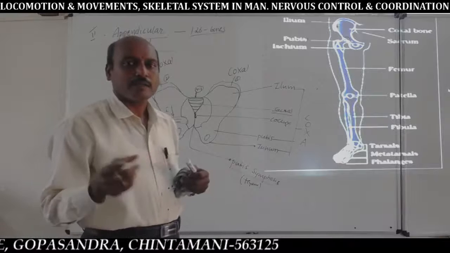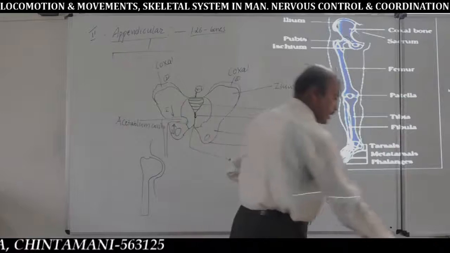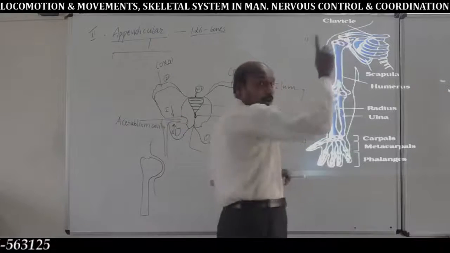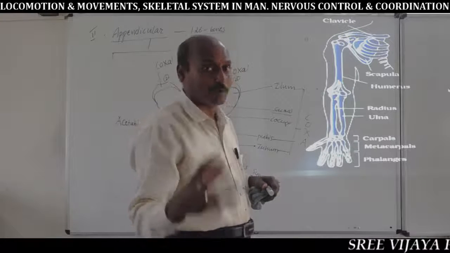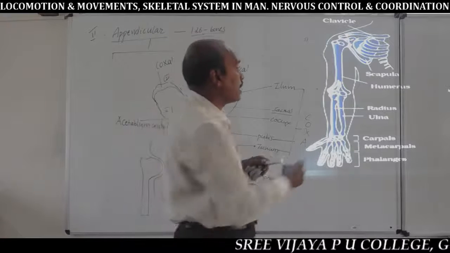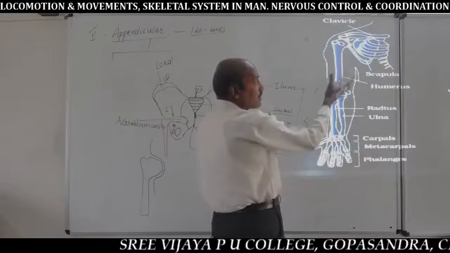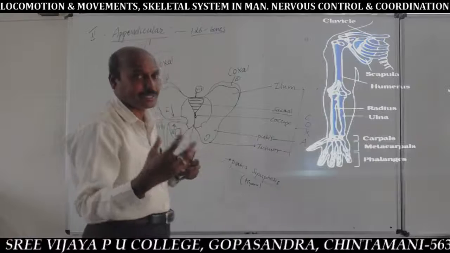While the glenoid cavity is present on the scapular bone, and into the glenoid cavity the head of the humerus bone, the arm bone, is fixed in the form of a ball and socket joint.